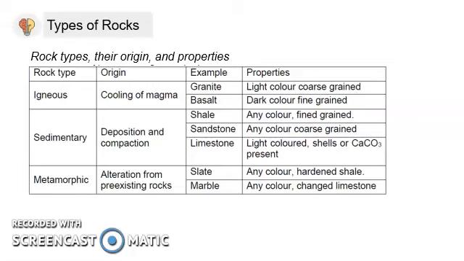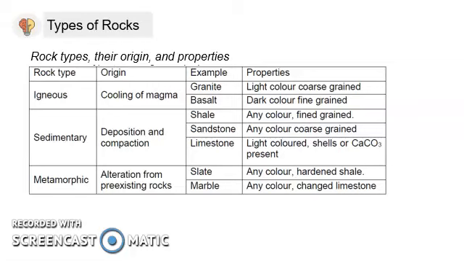The third rock type is metamorphic rock, and it is not common. These are formed from the alteration of pre-existing rocks. Common examples are slate and marble. The slate may have any color and it is the hardened shale.